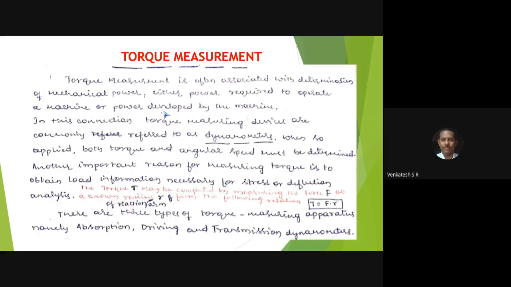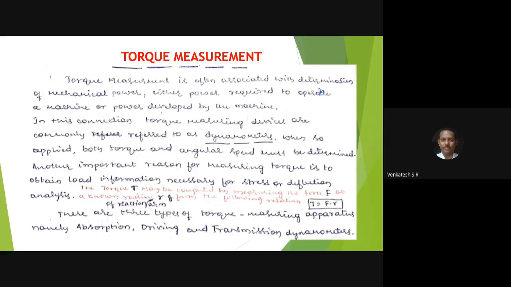That is the maximum power developed by the engine. Then, the torque can be measured using the torque measuring instrument called the dynamometer. You may have a question in a competitive examination asking the name of the torque measuring instrument.